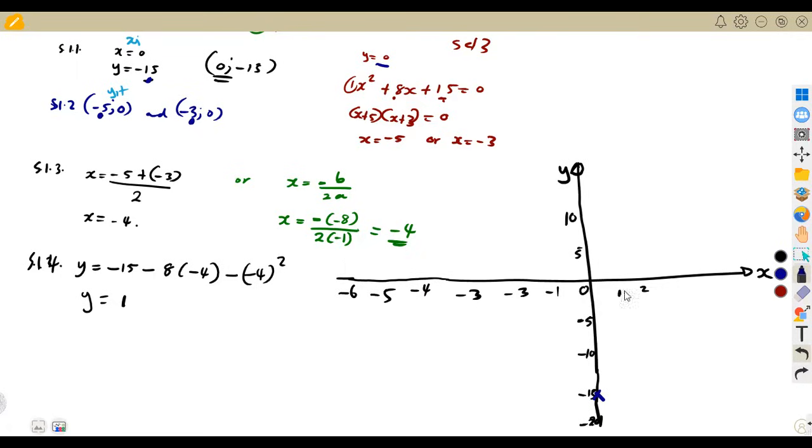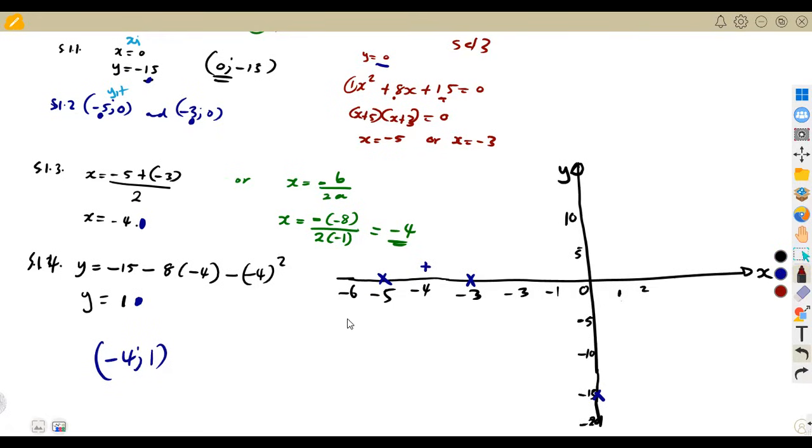As we are focused at -5 and at -3 like this, we have the one that is important: the value of x at the axis of symmetry, and its corresponding value of y gives us the turning point, which is -4, the maximum value. According to your scale, -4 will be somewhere here because this is 5. So -4 is going to be below the 5, right?